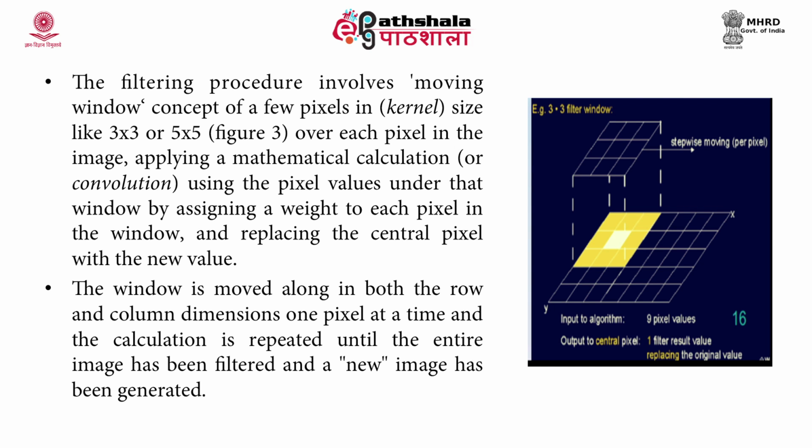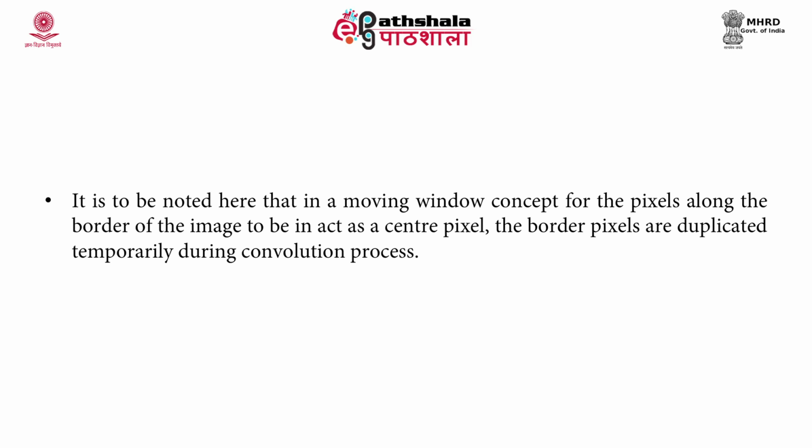The window is moved along in both the row and column dimensions, one pixel at a time, and the calculation is repeated until the entire image has been filtered and a new image has been generated. It is to be noted that in a moving window concept, the pixels along the border of the image cannot act as a center pixel. The border pixels are duplicated temporarily during the convolution process.